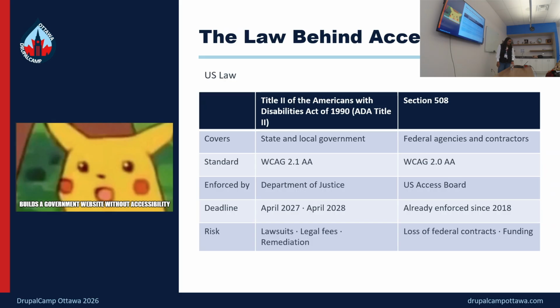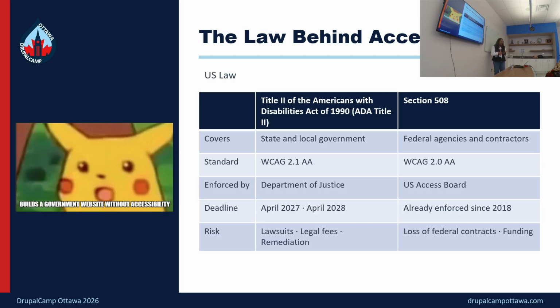Now let's move on to US law. The first law is DOJ Title II, which is currently a hot topic. It covers state and local government. The standard is WCAG 2.1 AA, enforced by the DOJ, the Department of Justice.